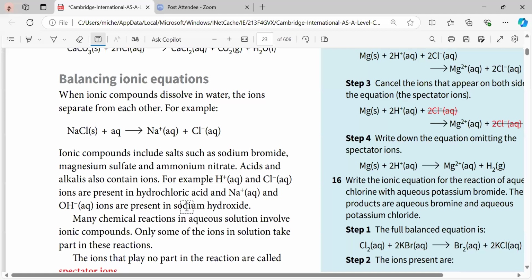Ions are present in hydrochloric acid and natrium, or we actually say sodium in English, but in Indonesia, we usually call that natrium.